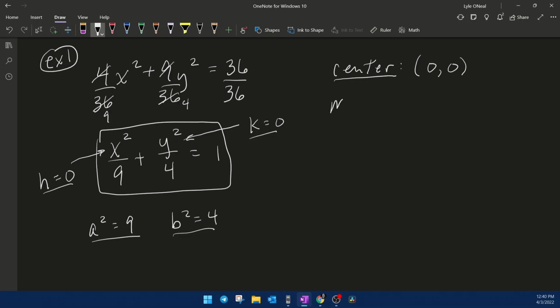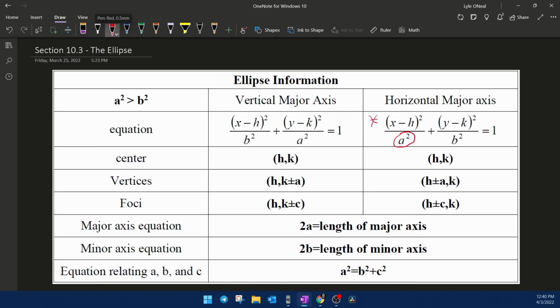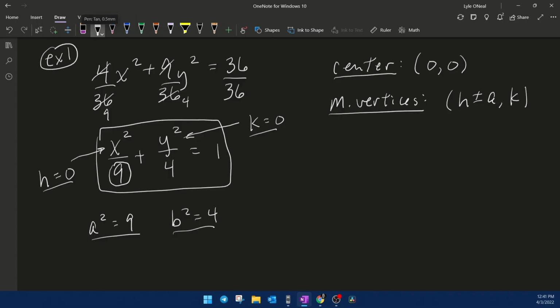Next, the major vertices. Knowing that x has the biggest denominator, that indicates that we're using this formula, and then these formulas apply. So the major vertices are going to be h plus or minus a comma k, and then once I have the correct formula, I just need to plug and play.